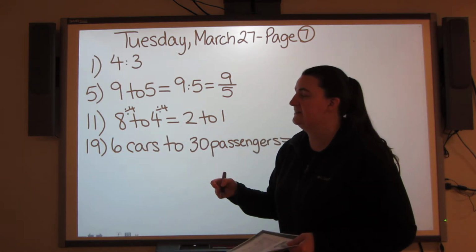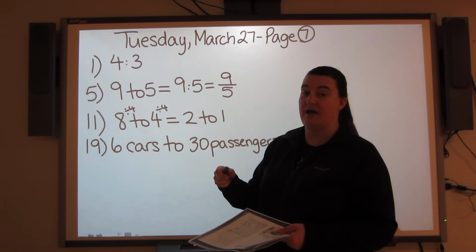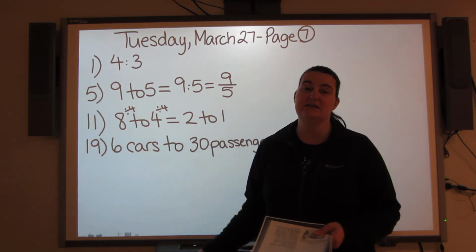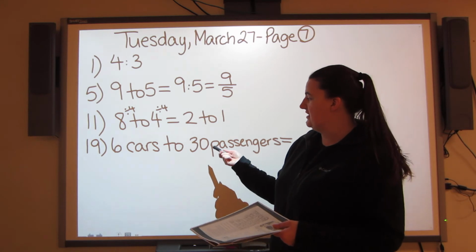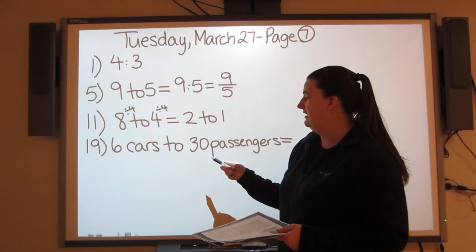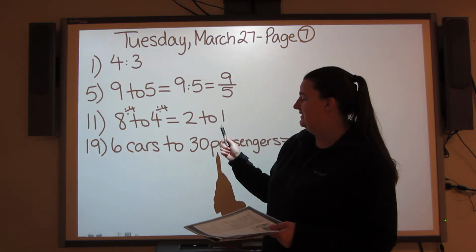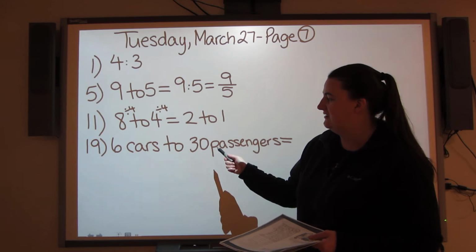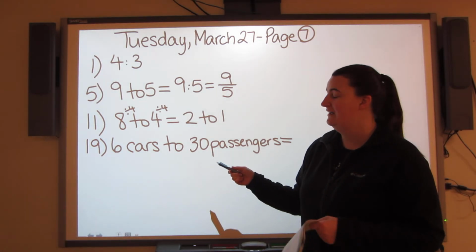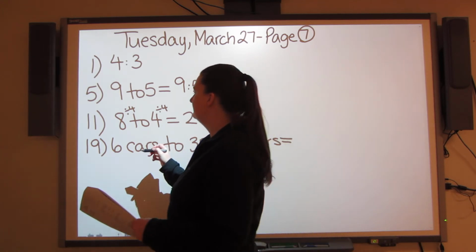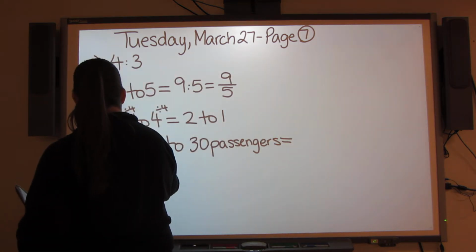So you look at 6 and you think, right, I can divide 1, 2, 3, and 6 evenly into 6. You look at 30 and you think I can divide 1, 2, 3, 5, 6, 10, 15, and 30 into 30. So the one they have that's the same, that's the biggest, is 6.